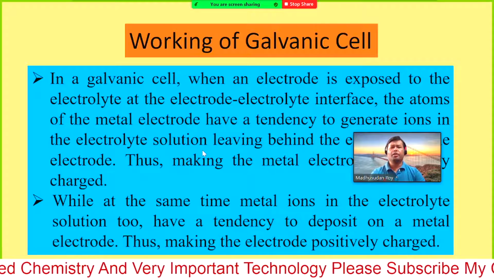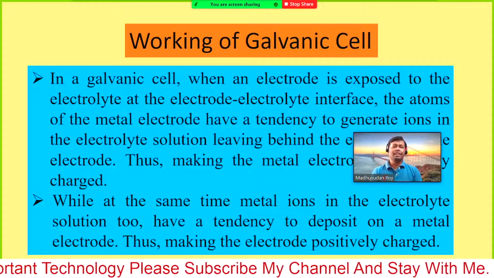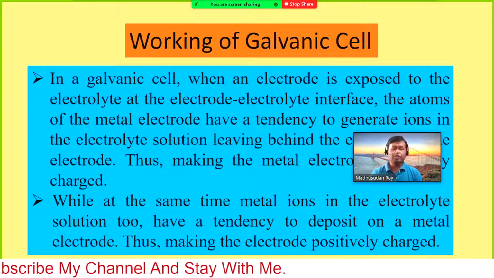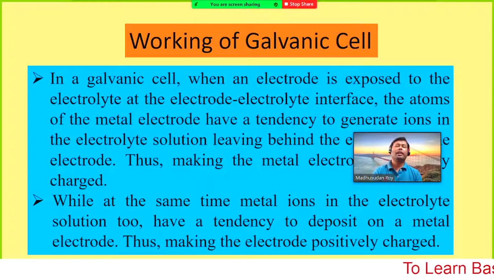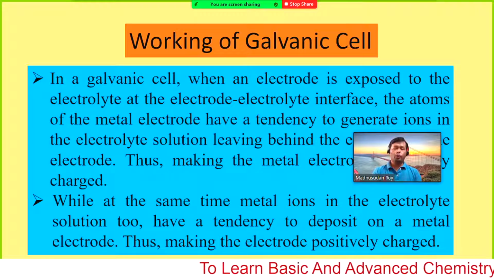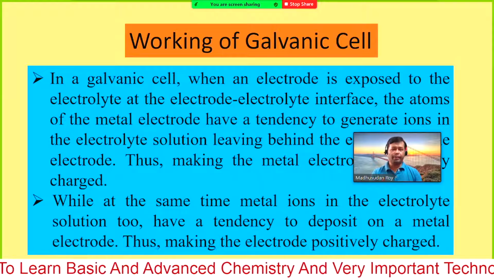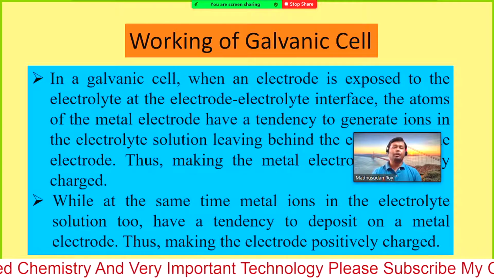Later, if I remember, I will mention that there is a series of metals: if we make a cell out of those metals, some of the metals can donate electrons very fast and some of them cannot. Depending on the tendency to donate electrons, we have organized most of the metals in a series. That series is known as the reactivity series.